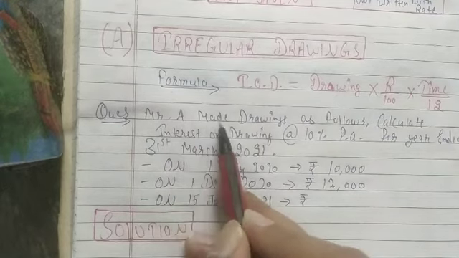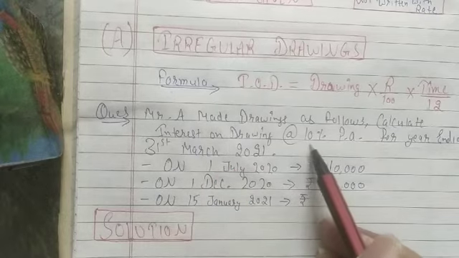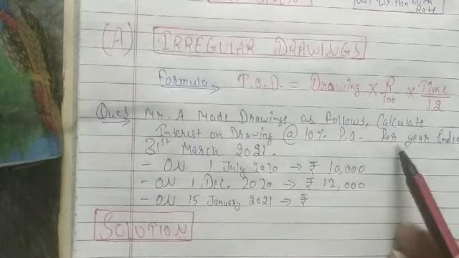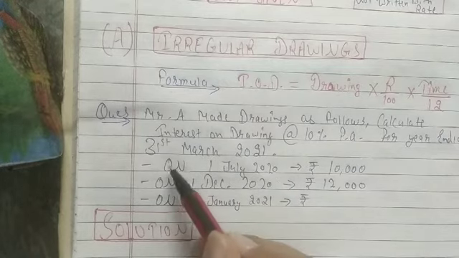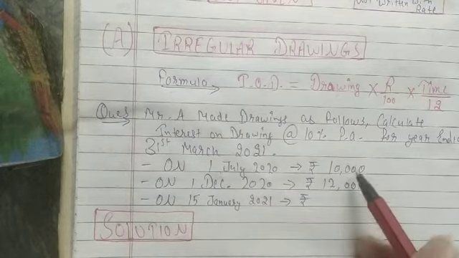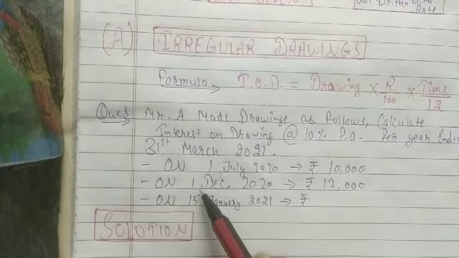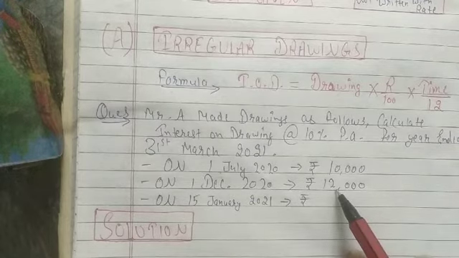So see the question. Mr. A made drawings as follows. Calculate interest on drawing at the rate 10% per annum for the year ended 31st March 2021. First drawing he made on 1st July 2020, rupees 10,000. Second drawing he made on 1st December 2020, amount is rupees 12,000.